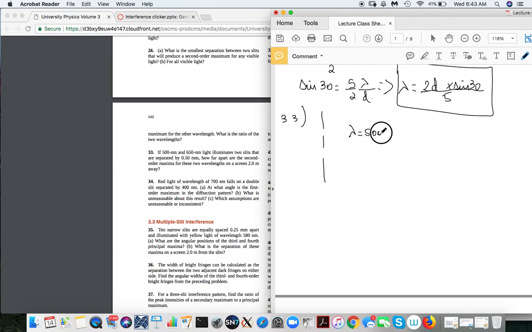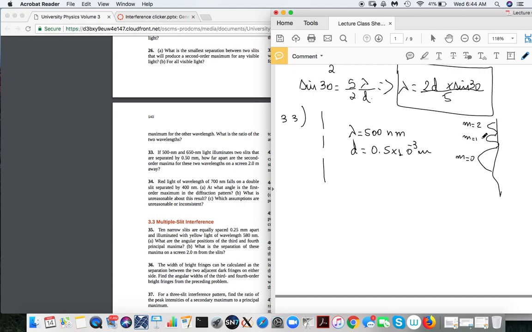That is what's going on for this lambda, 500 nanometers. The separation is given. Second order maxima. I'm going to call this order 0, order 1, order 2.